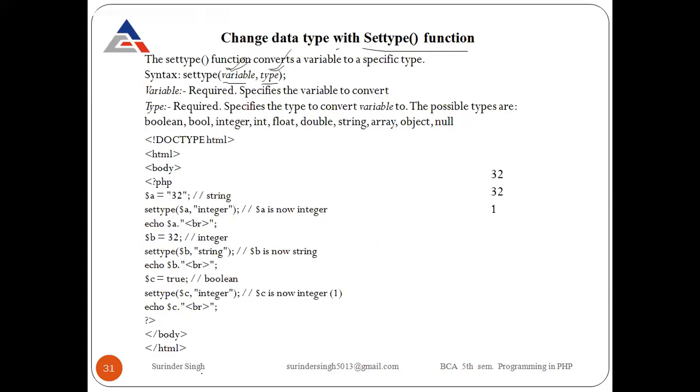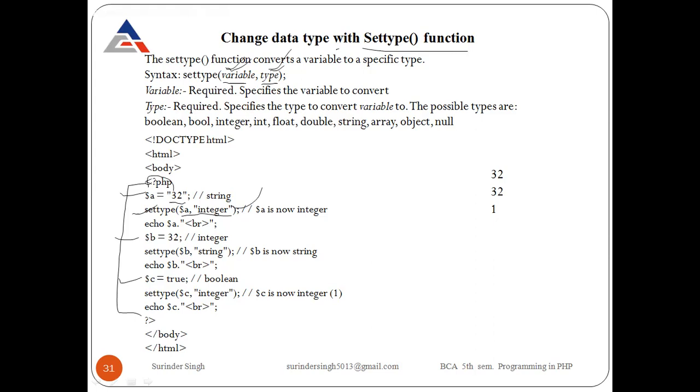Here we have an example of the settype function. This is a PHP code. Here we have three variables: first is A, second B, and third is C. We assign a value of string type to A, and by using settype we change the type of the variable from string to integer.